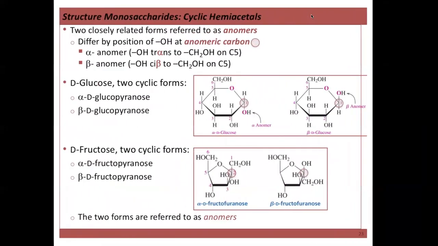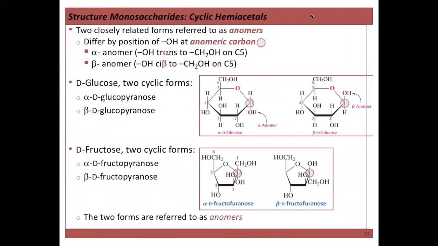Okay, so what we need to do is just brush up on some of our vocabulary here. The structure of monosaccharides, they tend to exist in cyclic forms. And when they exist in these cyclic forms, we have 2 different ones, the pyranoses and the furanose. And in the pyranose form, we can have the alpha anomer and the beta anomer.